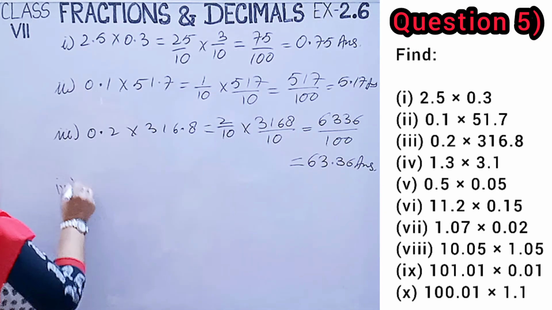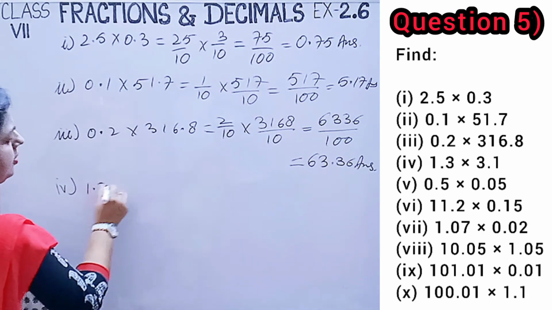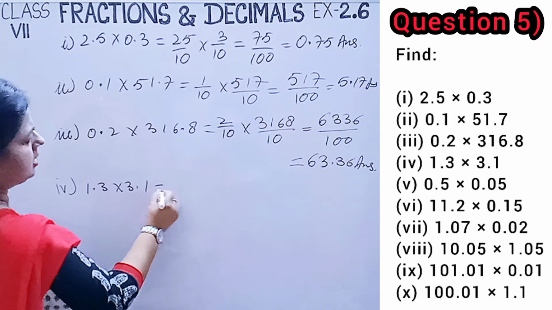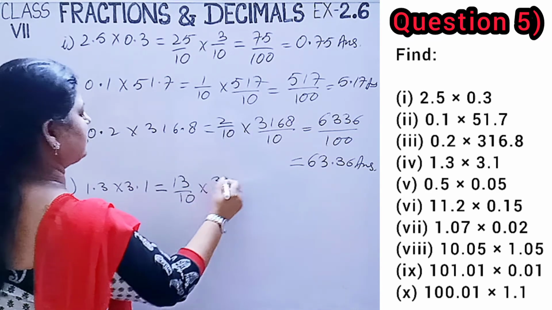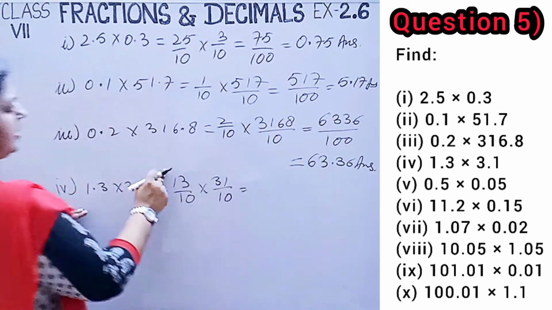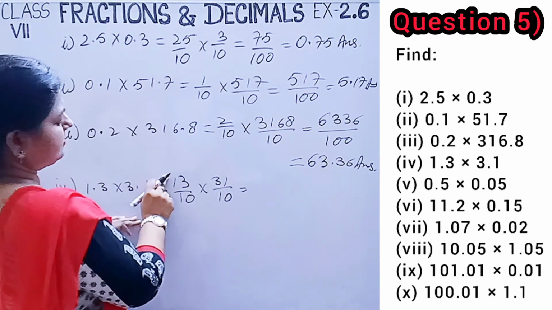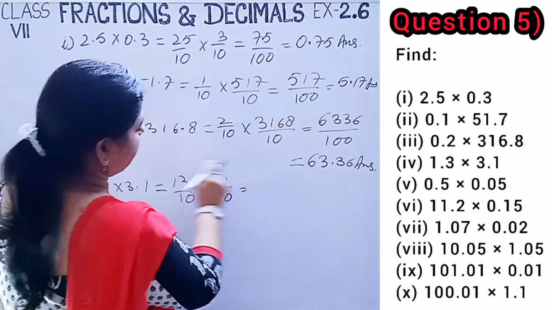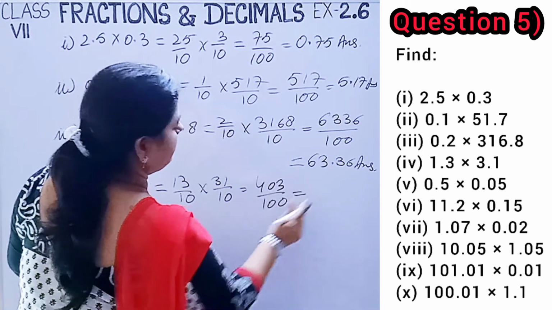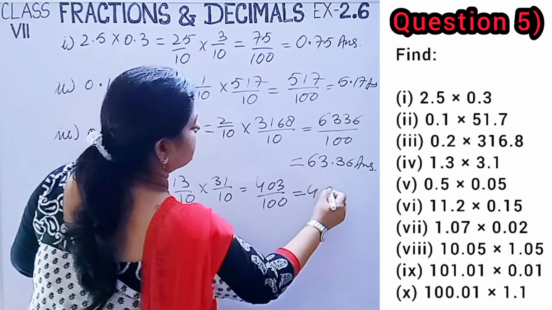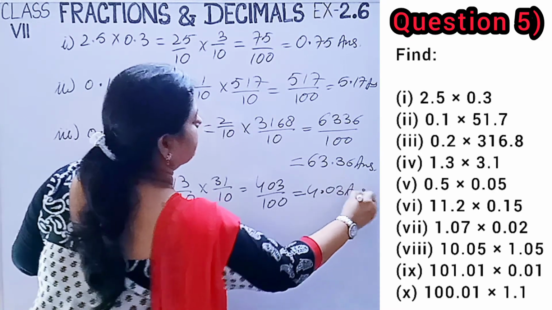Fourth part, 1.3 into 3.1. Simple, 13 upon 10 and 31 upon 10. So 13 will be multiplied with 31. So we get 403 upon 100. Now put decimal here, 4.03. Answer.